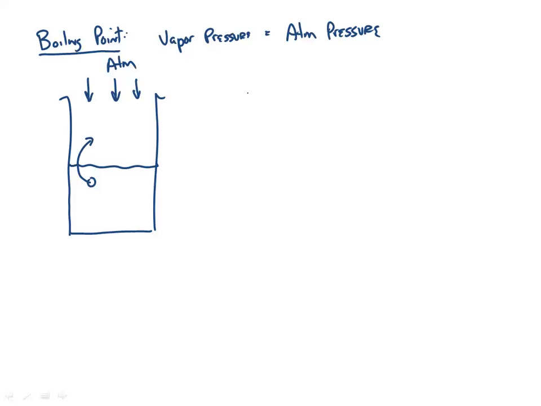And what that means is that because the boiling point is defined as when the vapor pressure is equal to the atmospheric pressure, boiling point is directly proportional to the intermolecular forces. And it's inversely proportional to the vapor pressure.